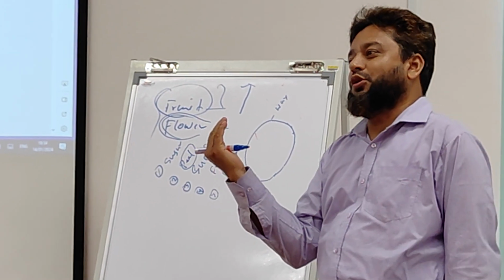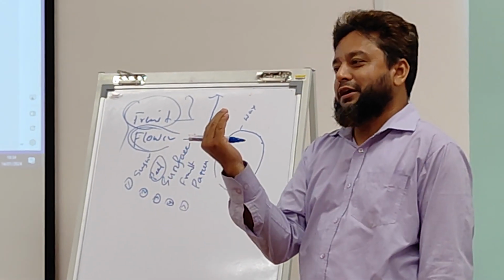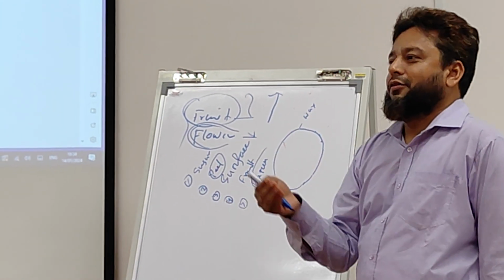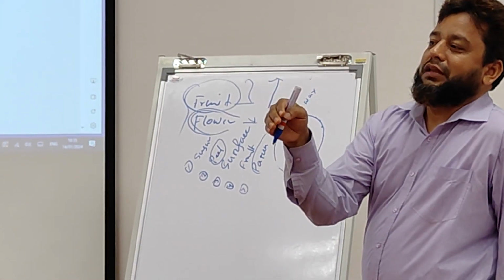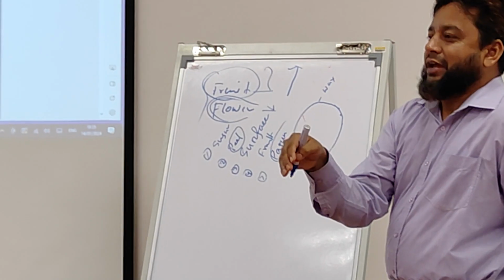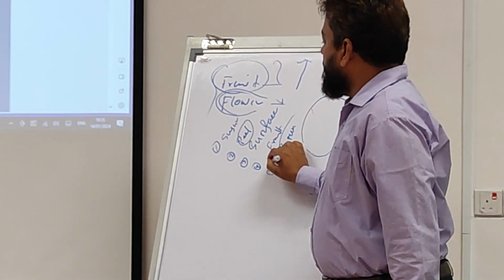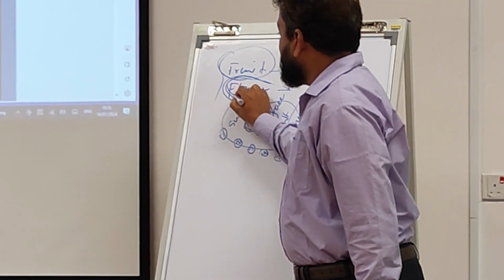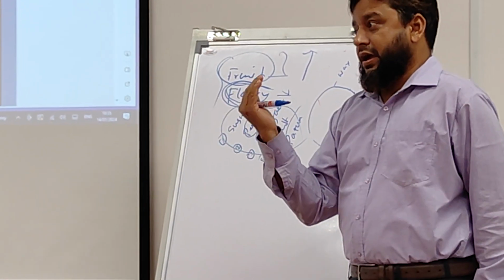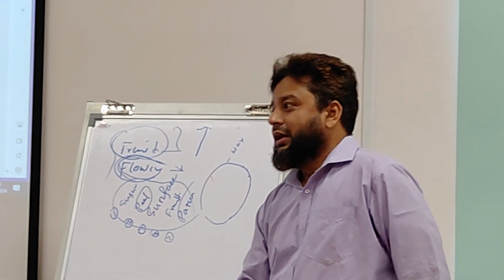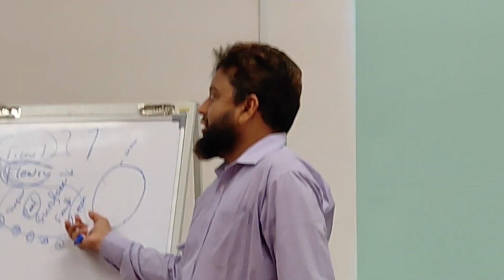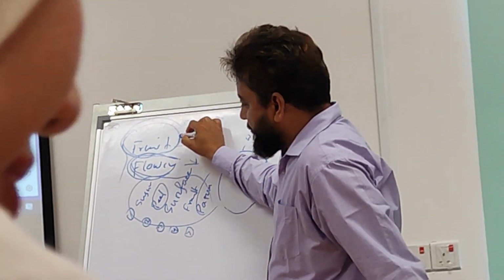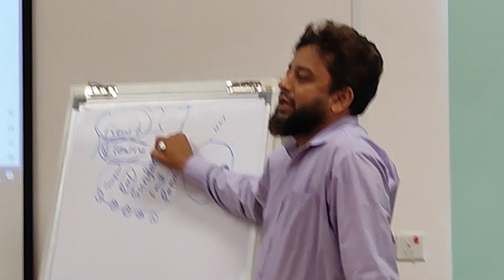So for this reason the flower is soft, and if the flower is soft, then the microbes like to come in. So for all these reasons, the shelf life is very high in the case of fruit and less in the case of flower.